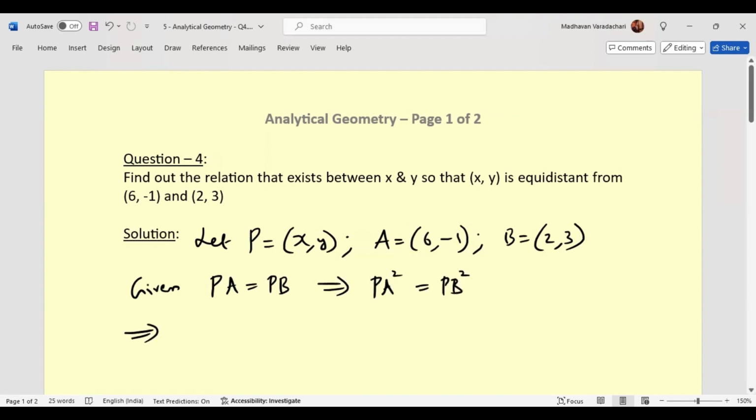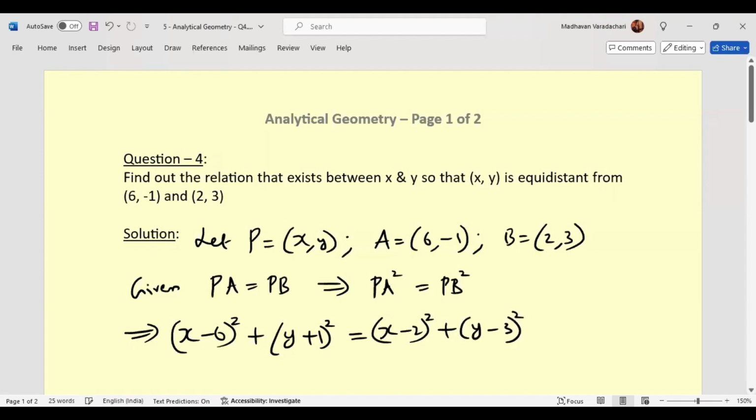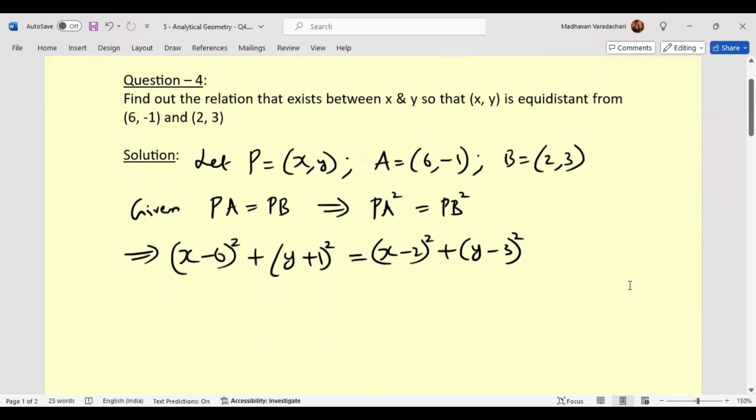Now PA square is (x minus 6) square, distance formula, plus (y minus minus 1), that is (y plus 1) square. Now PB square is (x minus 2) square plus (y minus 3) square. Now let us expand this.